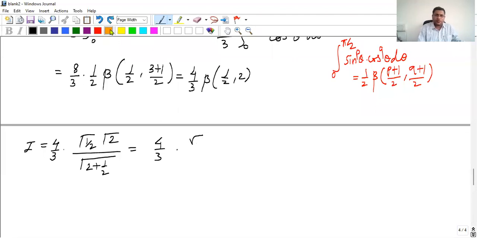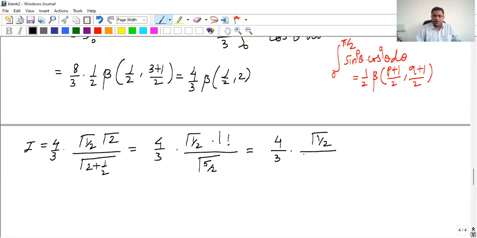We can keep this as gamma half only. So this is gamma half, this is 1 factorial, and this is going to be gamma 5 by 2. So we can write this as 4 by 3, gamma half, and here gamma 5 by 2 is 3 by 2, 1/2 and gamma half.